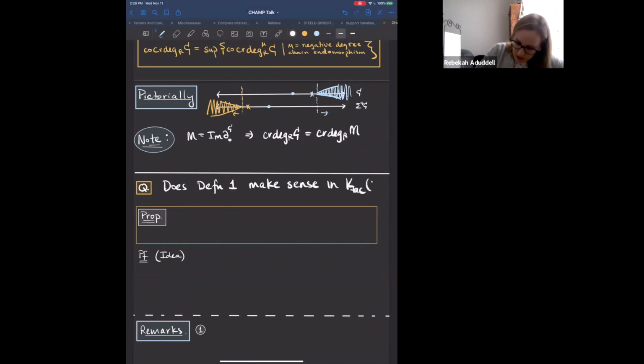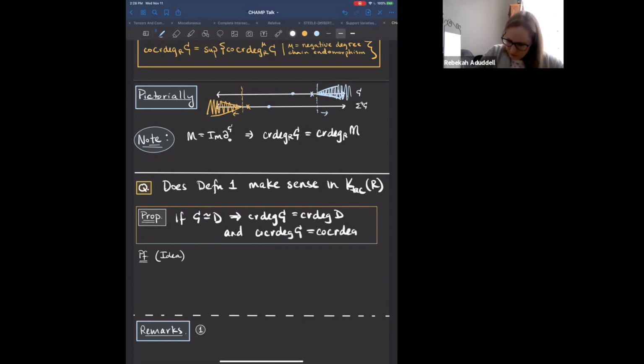So what we mean by that is if two complexes are homotopically equivalent to each other, then are they going to have the same critical degrees, or the same co-critical degrees? And this is true, and same for co-critical degrees.